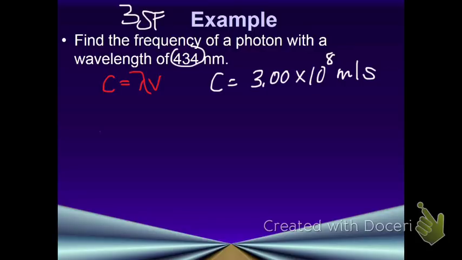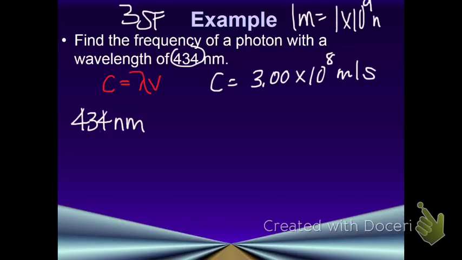So the first thing I notice is that my speed of light is in meters and my wavelength is in nanometers. So I'm going to need to do that dimensional analysis and convert from nanometers to meters. I'm going to take my wavelength of 434 nanometers, and earlier we said that 1 meter is equal to 1 times 10 to the 9 nanometers.